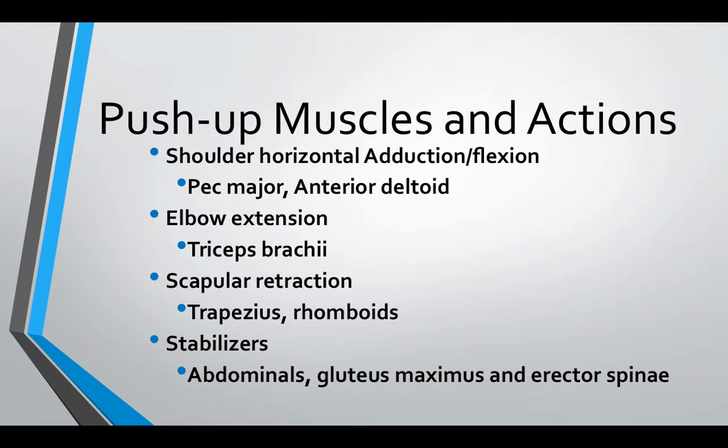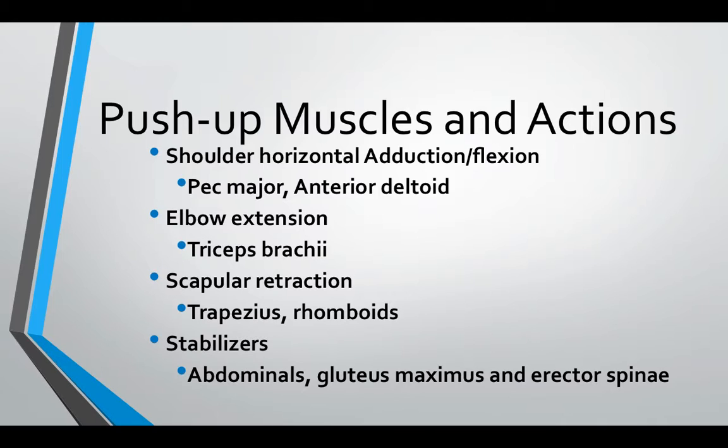So for the muscles involved in the push-up, there is a lot of shoulders involved, mostly the anterior portion of the deltoid and the pecs. We have the triceps engaged for the extension of the elbow, the scapula for maintaining shoulder stabilization, so the trapezius and rhomboids. The stabilizers of the core are also engaged in the abdominal region.